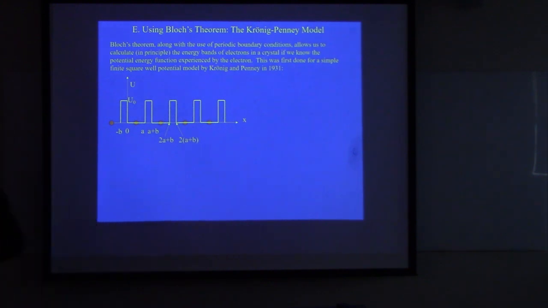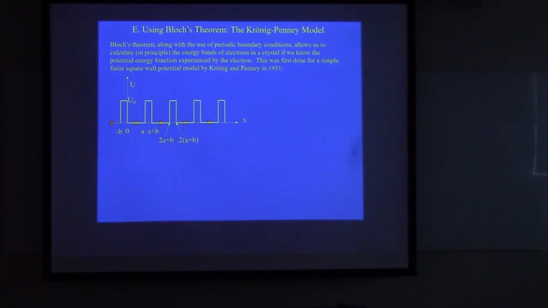That means if I write my Bloch wave function, how should it be? psi(x plus A plus B) should be psi(x) times e^(ik(A plus B)), right? So this is the Bloch wave function.